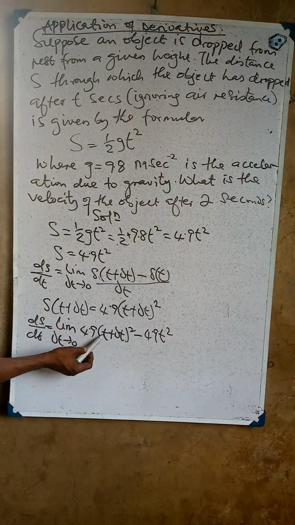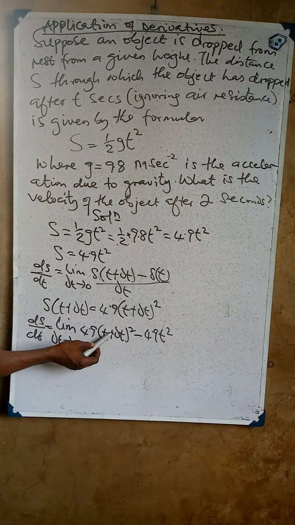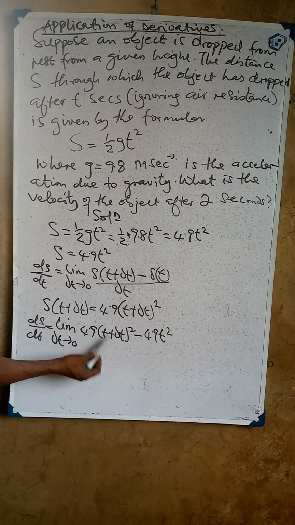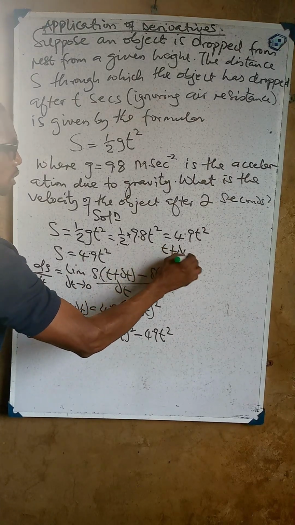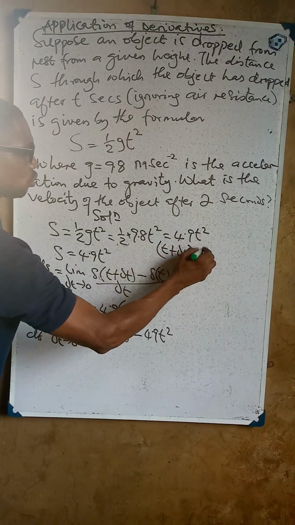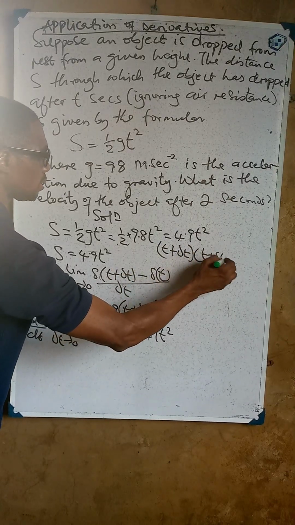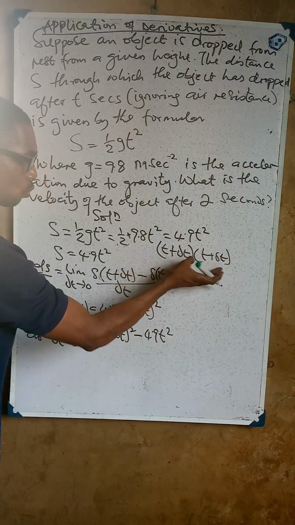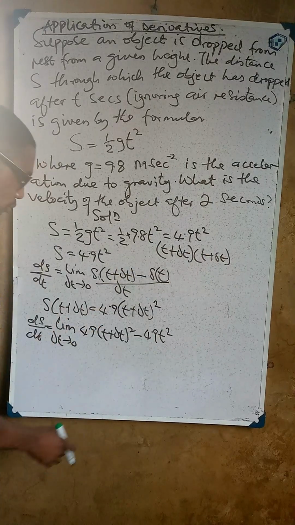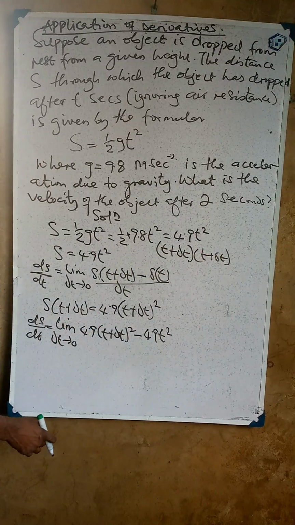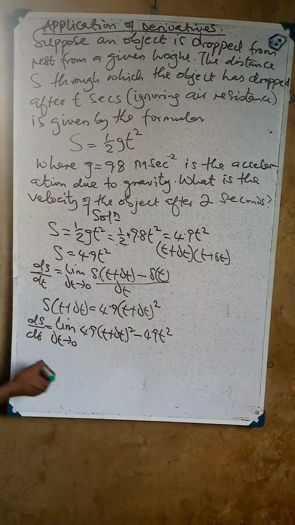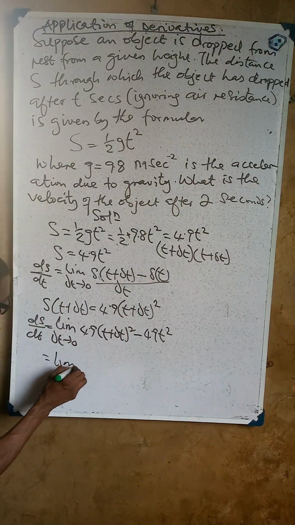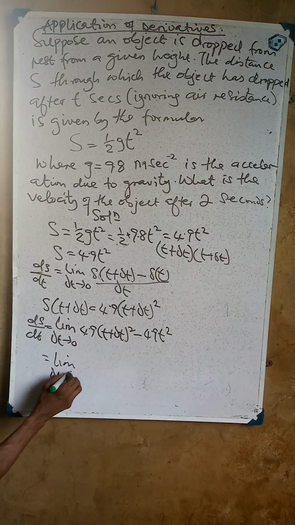Expand this, right? Then multiply with 4.9. Simply put (t plus Δt) times (t plus Δt). If you do that well and multiply by 4.9, you arrive at the limit as Δt tends to 0.